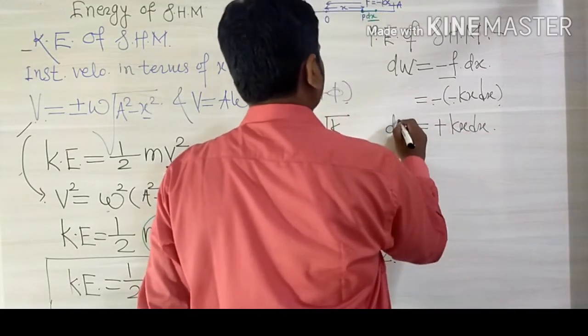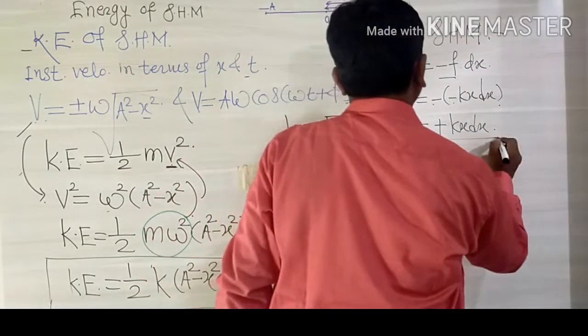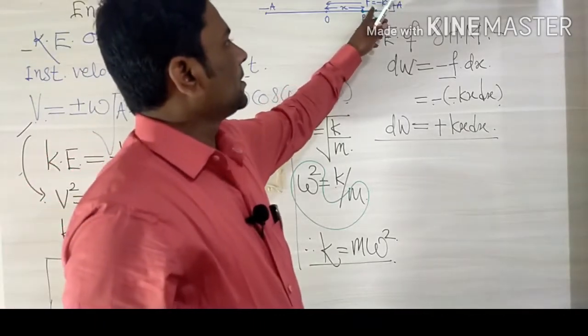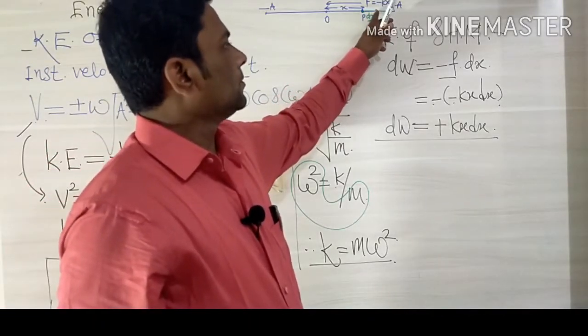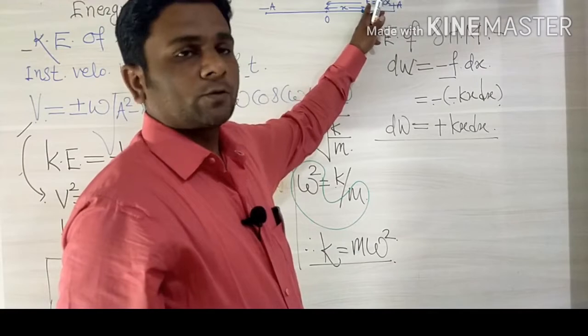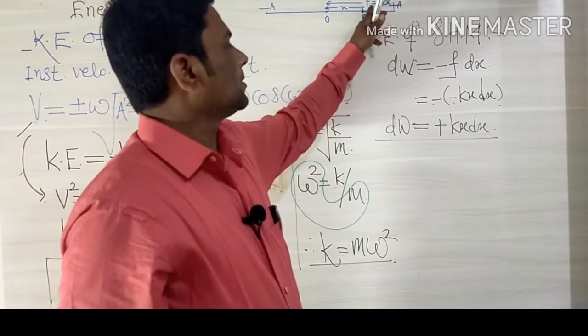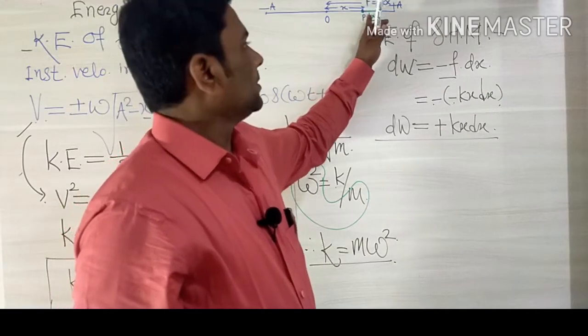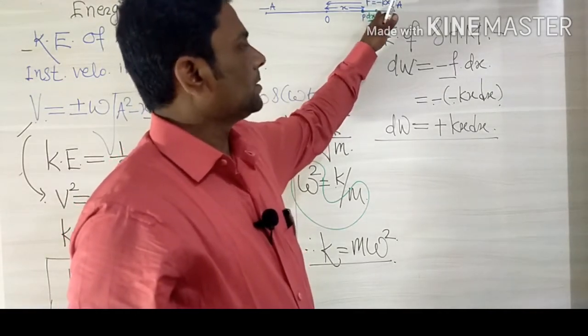So dW means a small amount of work done due to a small displacement dx against the restoring force. We know that displacement and restoring force act oppositely, since the restoring force acts toward the mean position and the displacement is against this force.